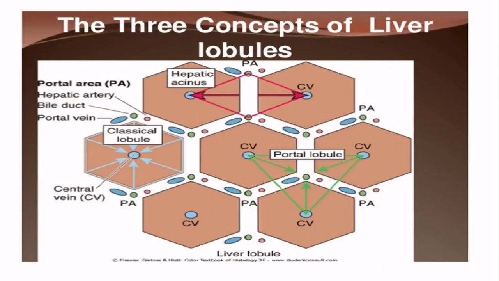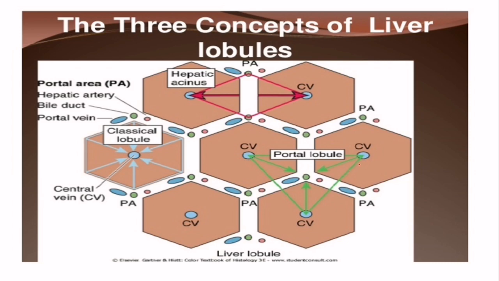For the concept of liver lobules, we have three main concepts: the hepatic acinus, the portal lobule, and the classic lobule. The classic liver lobule is the one we've been dealing with lately, where blood from the peripheral portal areas drains via the hepatic sinusoids into the central vein.